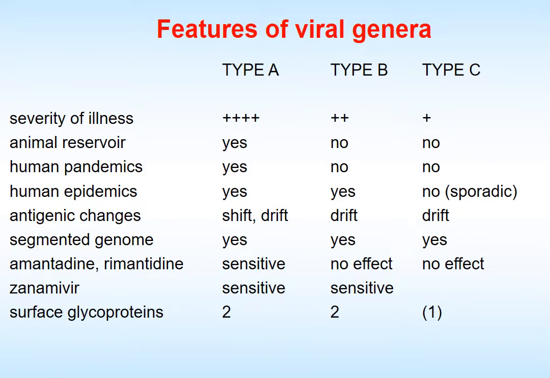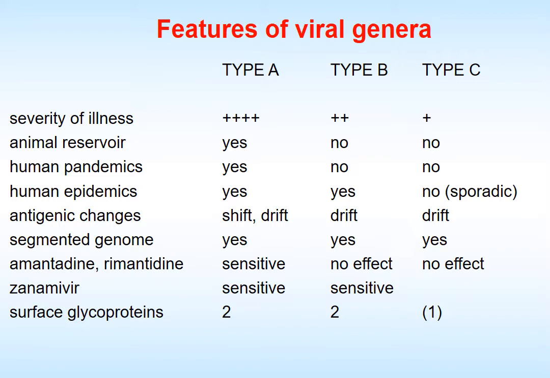On this slide is a table with features of the viral genera, and you can see that severity decreases from type A to C, an animal reservoir is possible only for type A, and human pandemics can be caused only by type A. And maybe one of the most important questions on this slide is antigenic change.